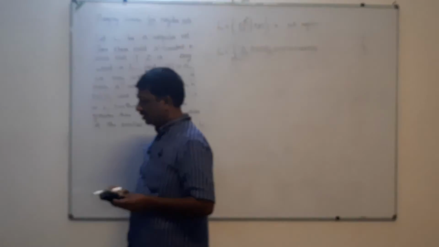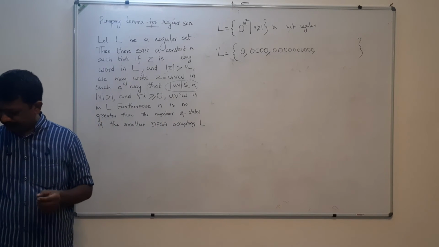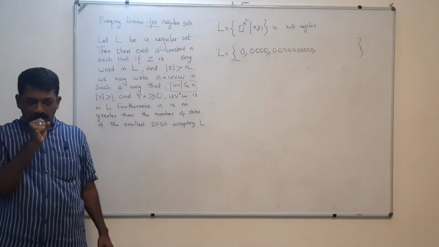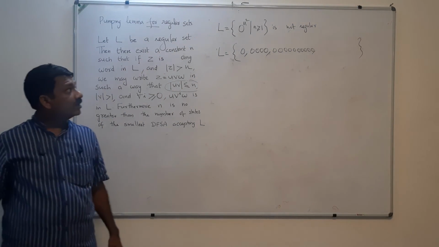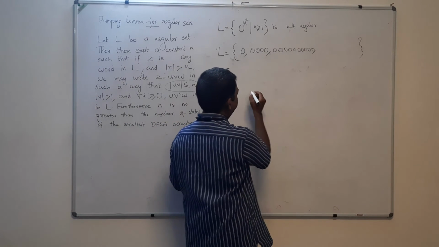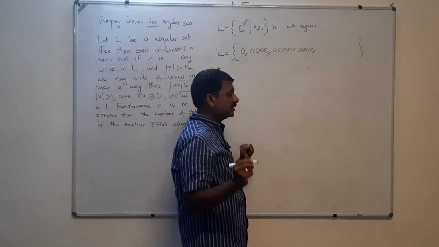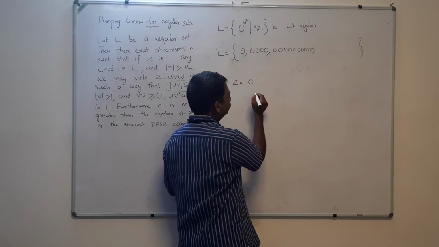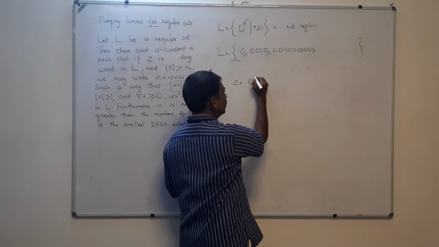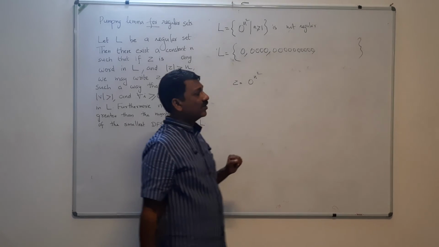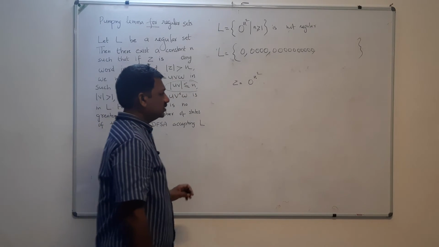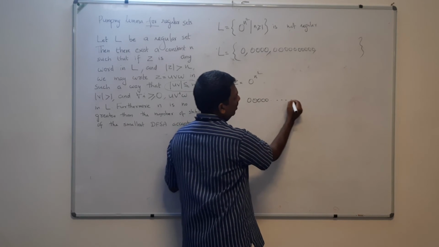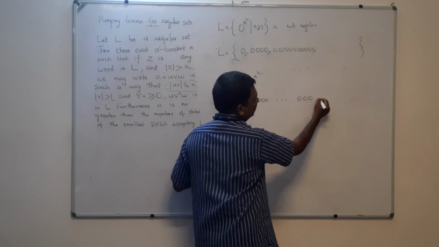So how do you prove that? Our proof is like this. Suppose that z is equal to 0 raised to n square. 0 raised to n square means n square number of zeros. Now suppose that you have 0, 0, 0, and so on to 0.